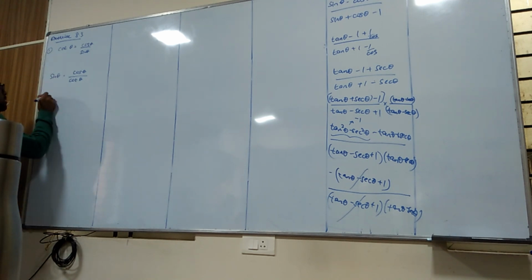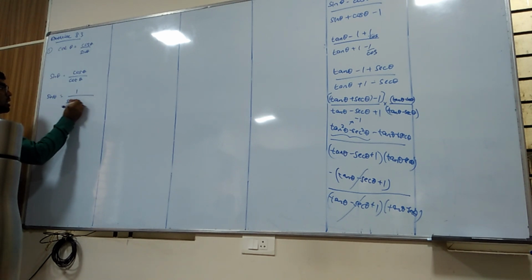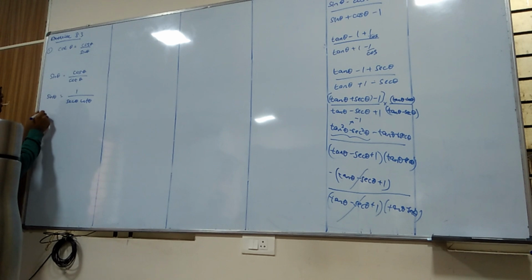Cos theta can be written as 1 by secant theta.